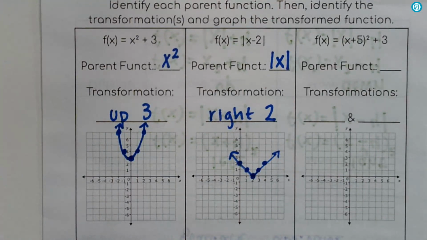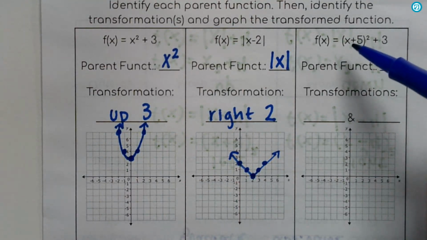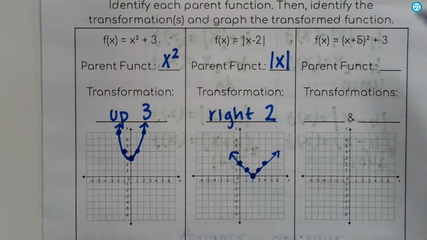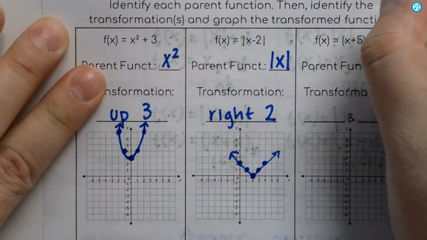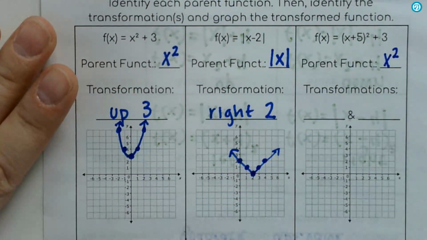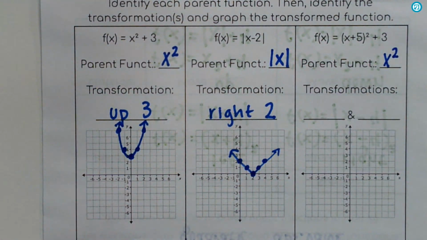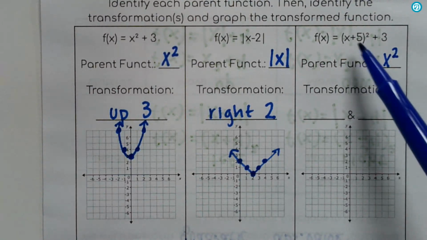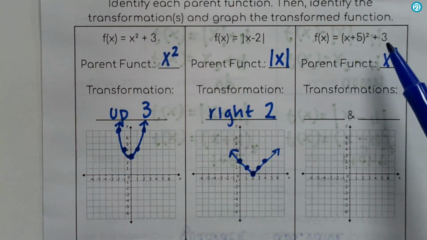So this next one, our parent function, we've got x squared. So we just ignore the plus 5 and ignore the plus 3 for a second. So our parent function is x squared. And then we are adding 5 inside and adding 3 outside.